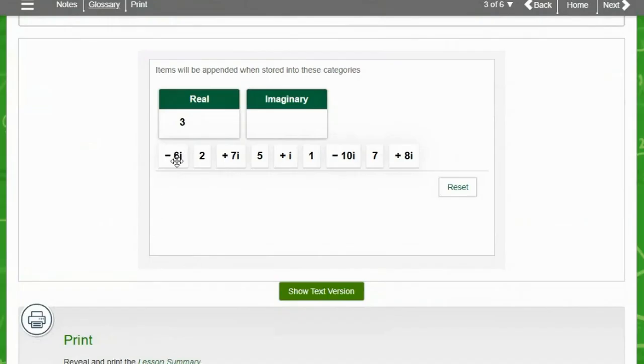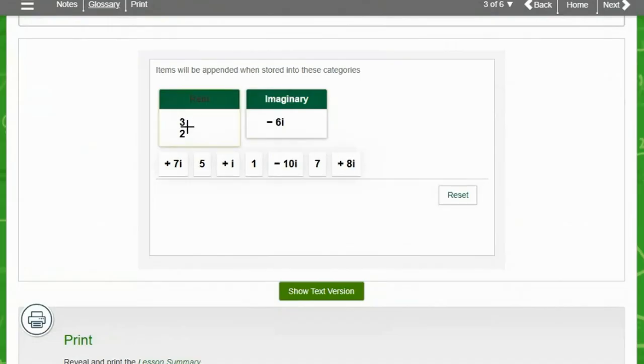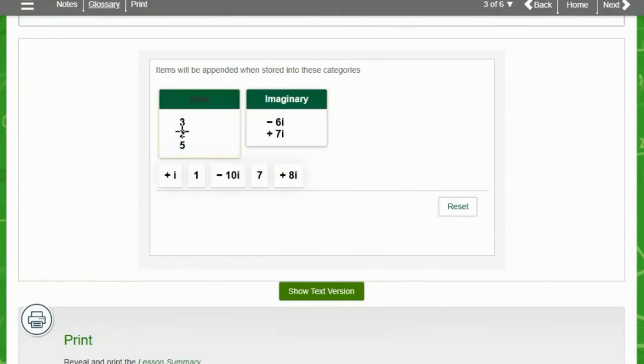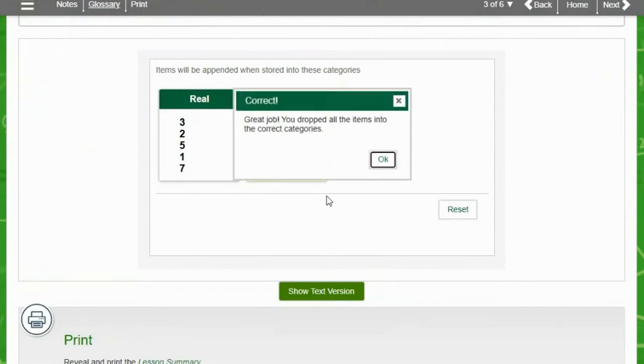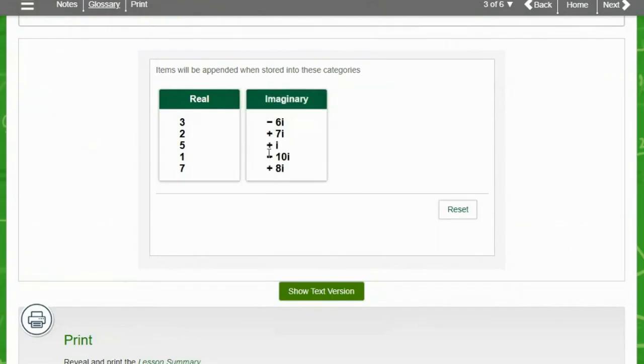When you see that i, that immediately tells you that's the imaginary part. 2, 7i. 5 plus i. 1 minus 10i. 7 plus 8i. Anything that has an i attached to it is imaginary. i for imaginary.